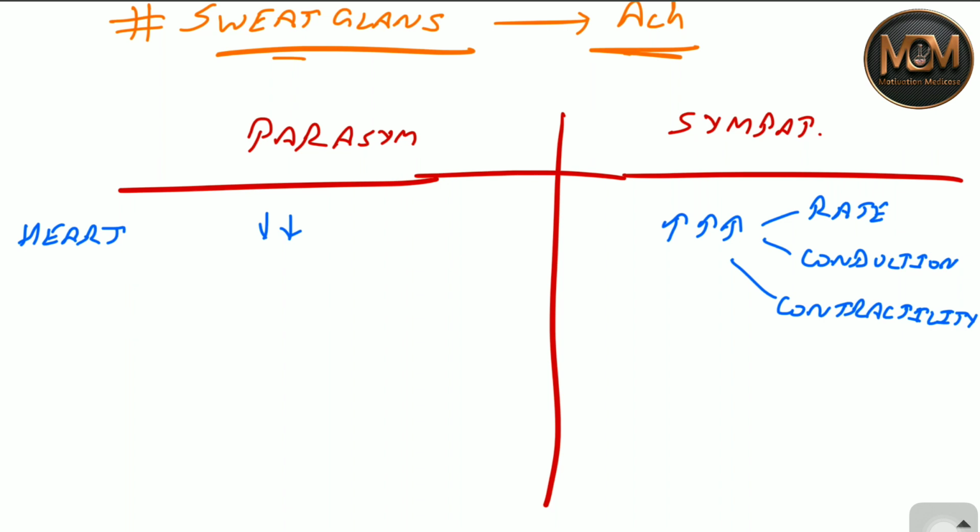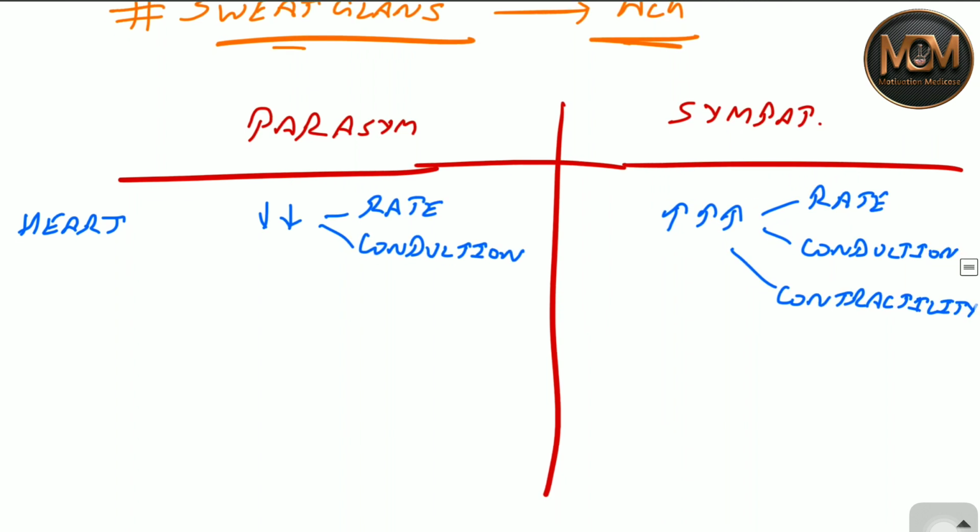So sympathy, heart, that will increase in the sympathetic nervous system, while in parasympathetic the rate and conduction will be decreasing. Now in every other system, the parasympathetic is going to increase and the sympathetic is going to decrease.